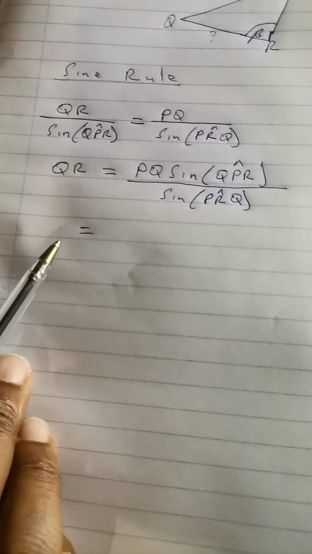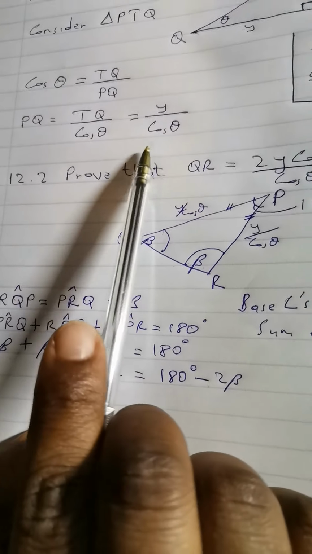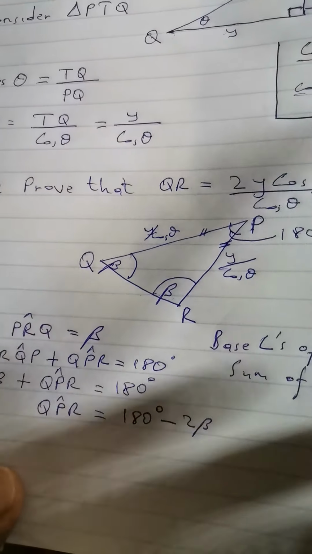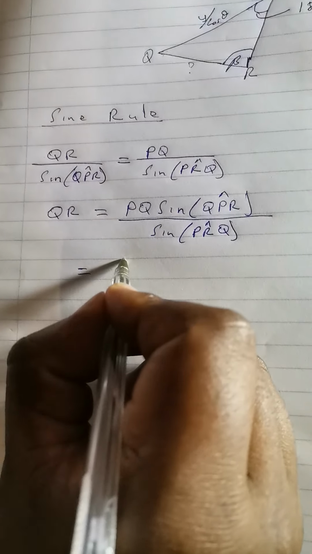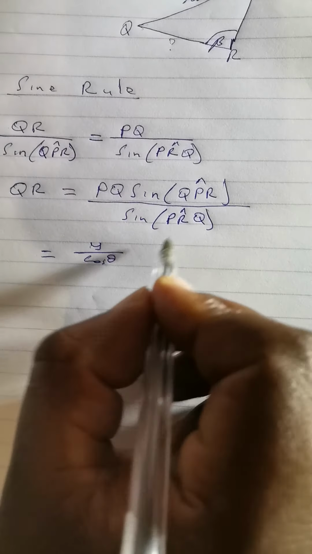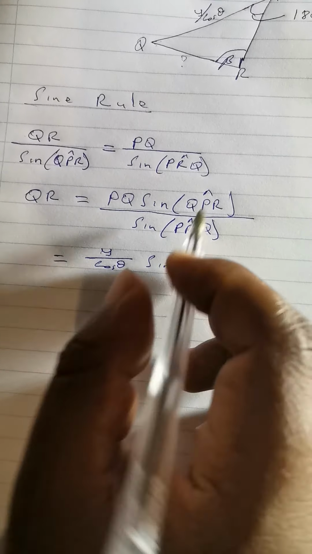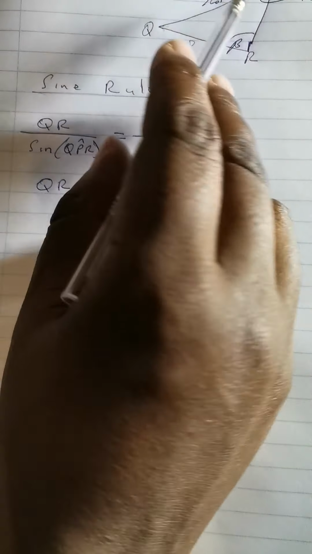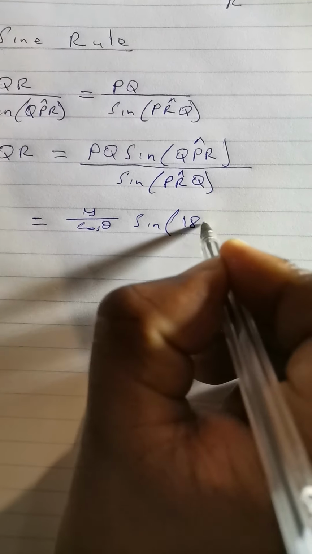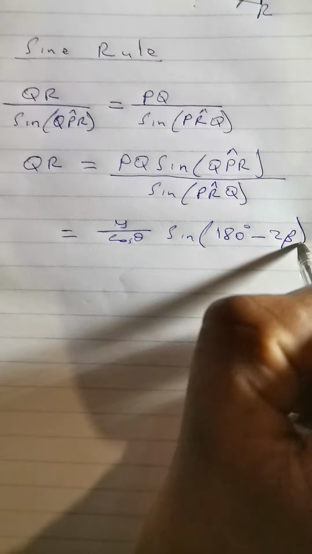So we had just proven in question 12.1 that PQ is y over cos theta. So that's what we're going to put here. So we have y over cos theta, and then this is multiplied by sine of angle QPR. Angle QPR is what? It's 180 degrees minus 2 beta, right?